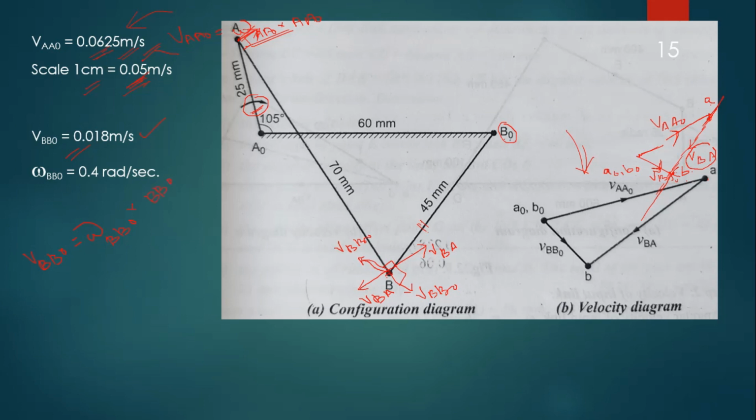The length of the link we know; the angular velocity we do not know, we have to find this. This we measured. So omega B naught is equal to velocity of B naught divided by B naught. So this is 0.4 radian per second.